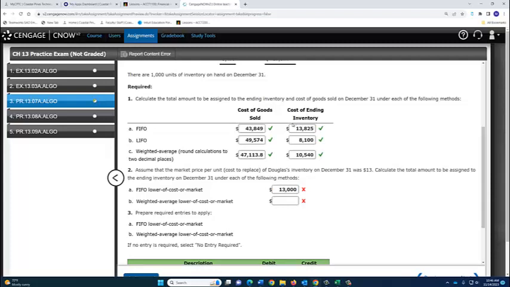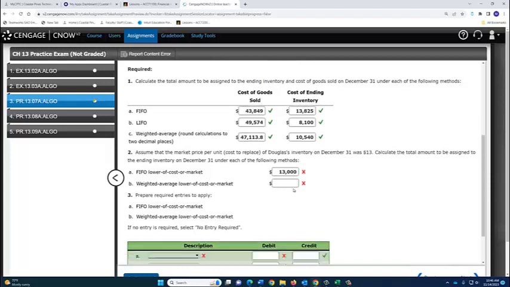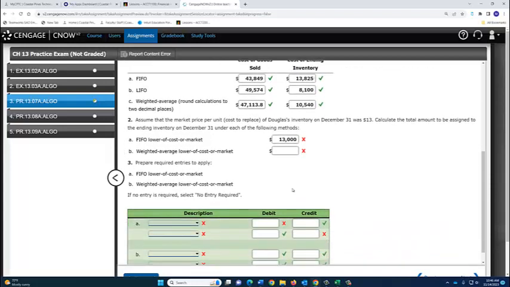So that means that even though I'm carrying my inventory at 13,825 on my books, the fair market value is much lower than that. It's 13,000. So I'm going to write down my inventory. And to do that, I'm just going to say loss on write down of inventory, and then credit merchandise inventory by 825, because that's the difference in our cost and market.